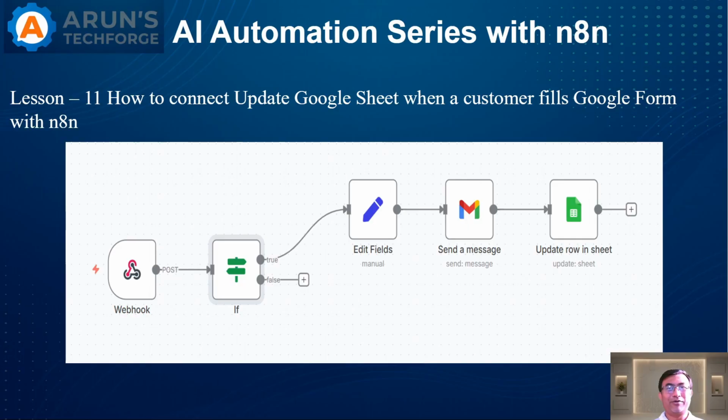So let us begin. This is the workflow I created and deployed in my own EC2 instance that will be used to send you my eBooks Arun Teaches Python and Arun Teaches Machine Learning when you fill the Google form and join my inner circle.